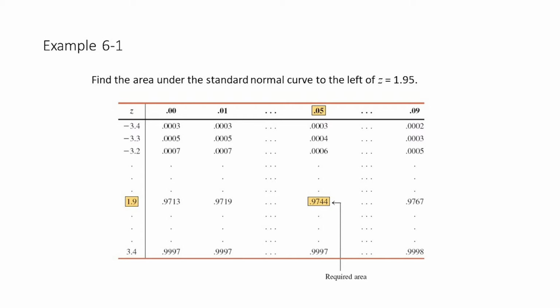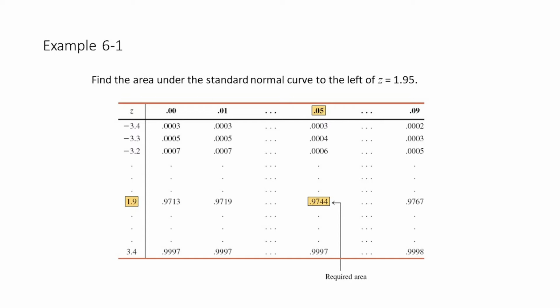The tables on pages 464 and 465 in your text are similar to what I'm showing on the screen right now. We want Z of 1.95, and in our case we have to go to the positive side.